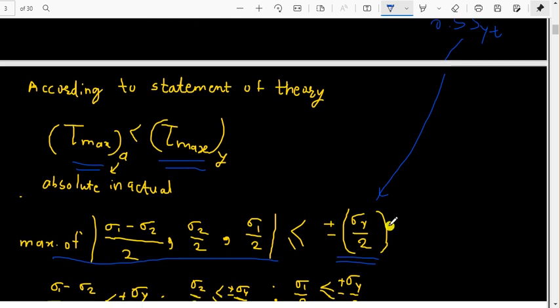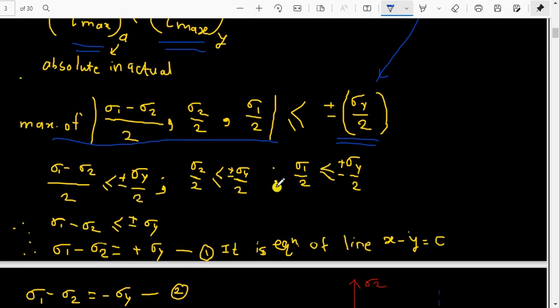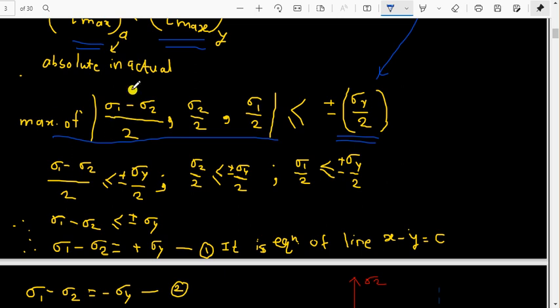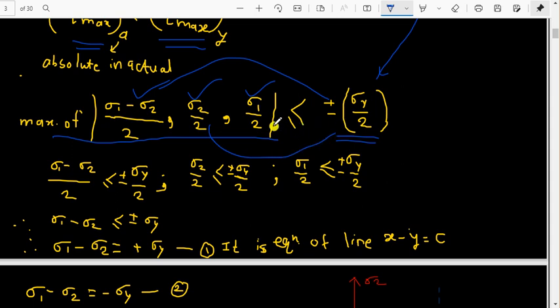Now we will write separate equations for each term and equate each with sigma y by 2, right?